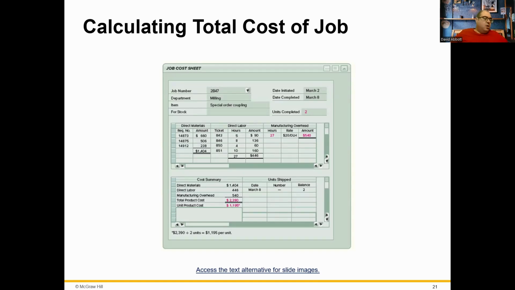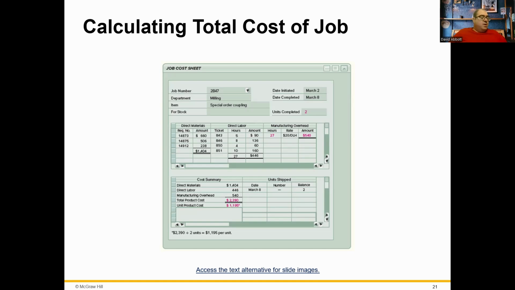So now we'll look at the total cost and unit product cost for a job using a plant-wide predetermined overhead rate. Then we would complete our cost sheet. The total direct material, direct labor, and manufacturing overhead costs for job 2B47 is $2,390.